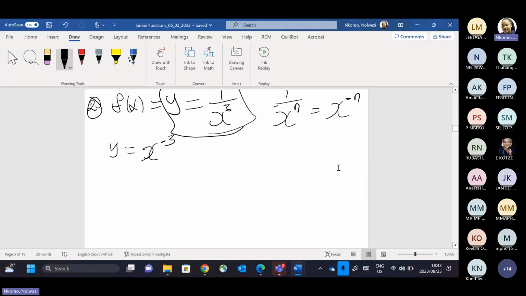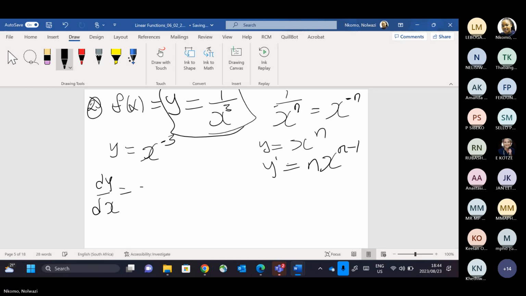Our n is minus 3. And the power rule says if you have y equals x to the power n, then y prime, which is dy over dx, would be n x to the power n minus 1. Our n is minus 3. So this means our dy over dx would be minus 3x to the power minus 3 minus 1, right?